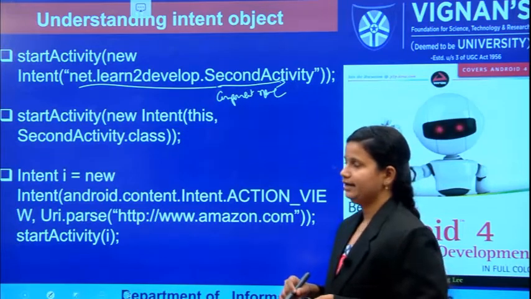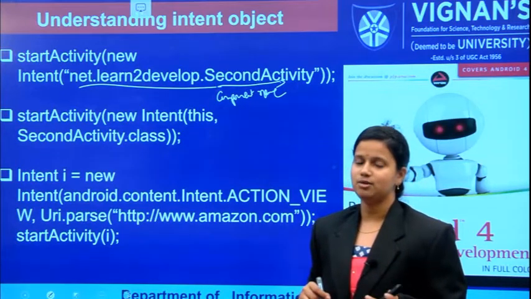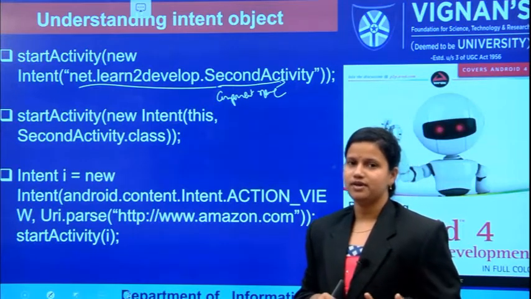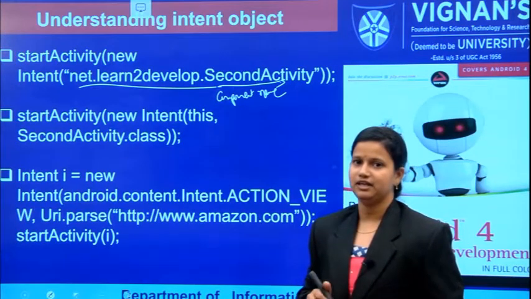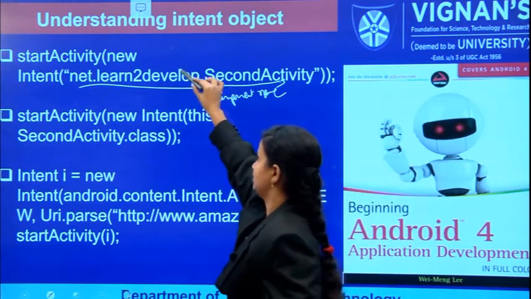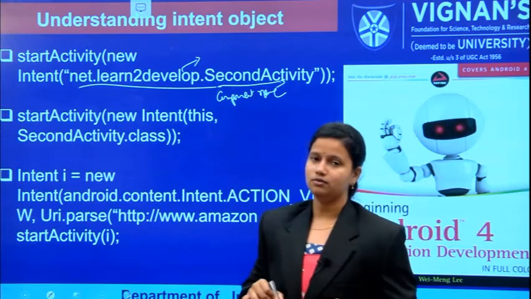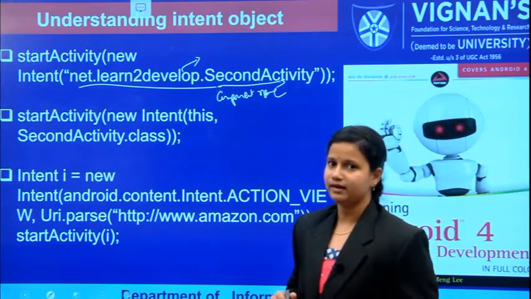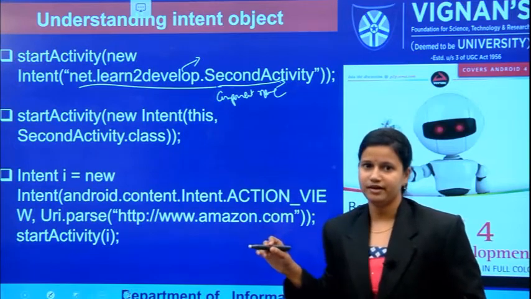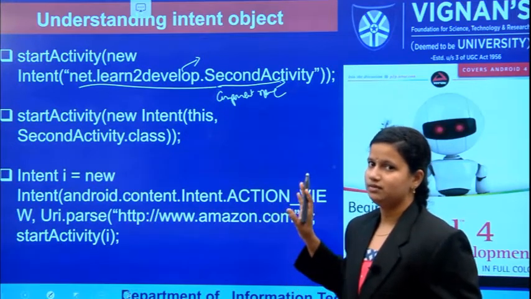The component name is the activity name you provide in your Android manifest file, in the intent filters. If you want to move to that activity, you have to specify the full name of your activity as provided in your manifest file. That is one way.